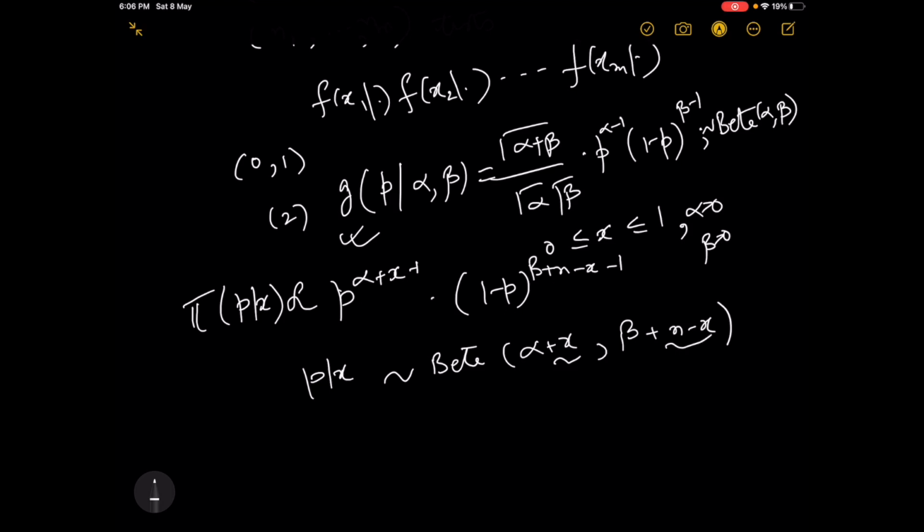This means the number of successes are being added to alpha so that alpha can be regarded as a prior number of successful component tests, and the number of failures are added to the second parameter beta so that beta can be regarded as the prior number of failed component tests, such that the prior sample size becomes alpha plus beta.